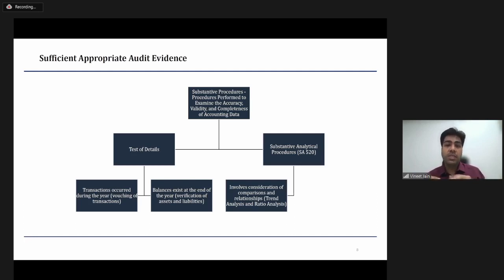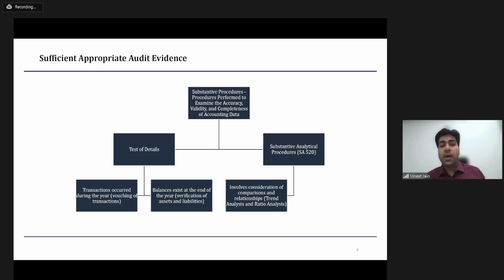This is the most extensive form of procedures performed in the audit, although now the test of controls has also become very elaborate with the coming up of IFC, but substantive procedures are number impacting, so these are very extensive. The first one is test of details, wherein we check the transactions which have occurred during the year.